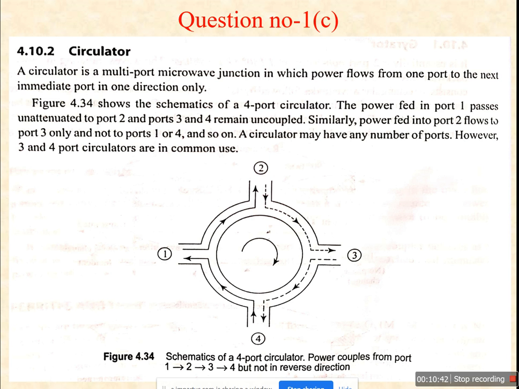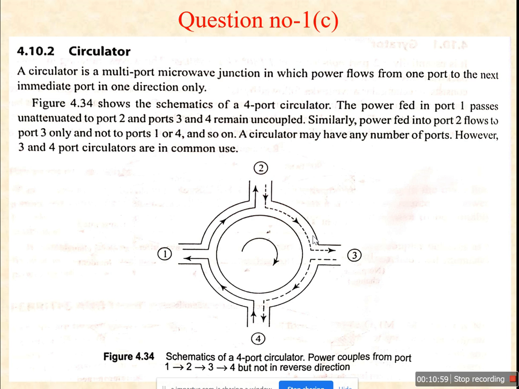Actually this is a circulator, because there are 3 ports and 1 port is terminated, so it becomes an isolator. So in 2 marks you can write only the 2 to 4 points. A circulator is multi-port, the isolator is 2 port.